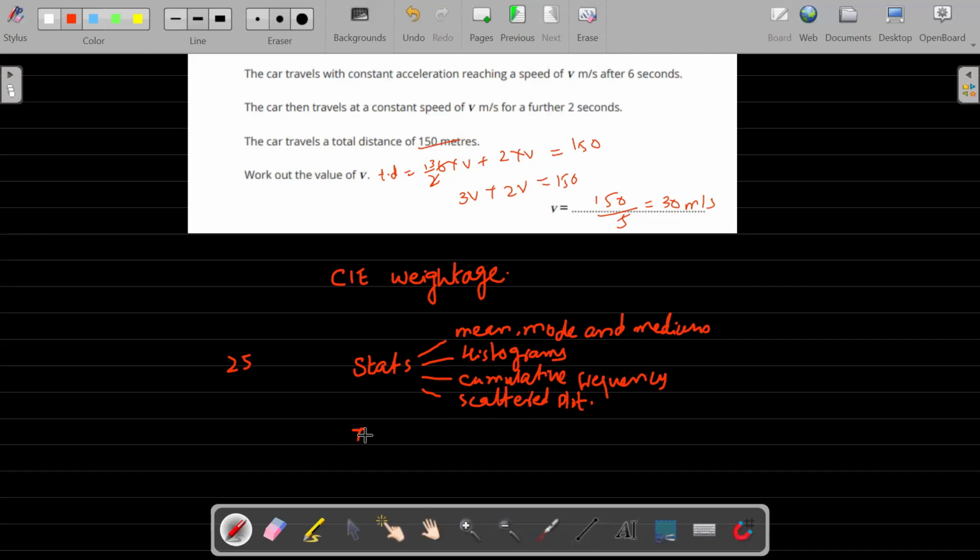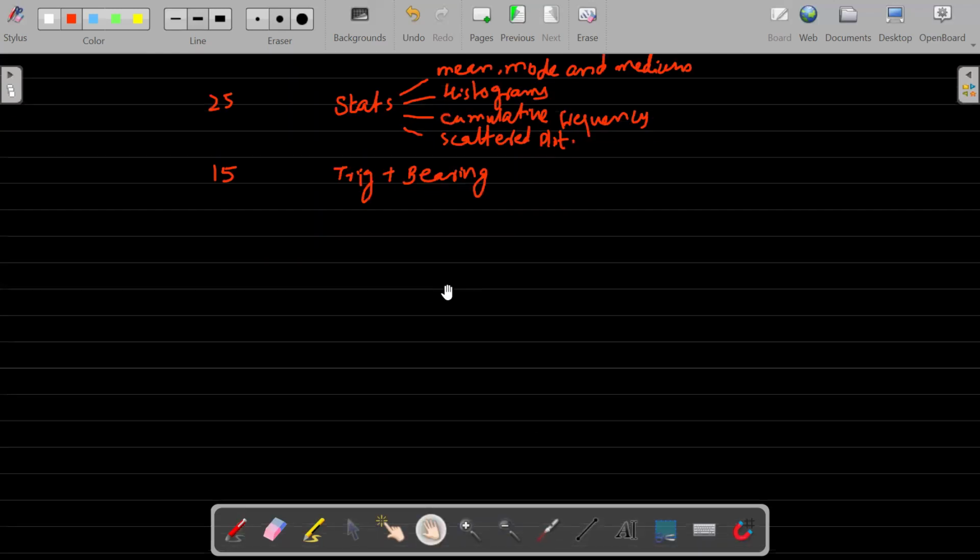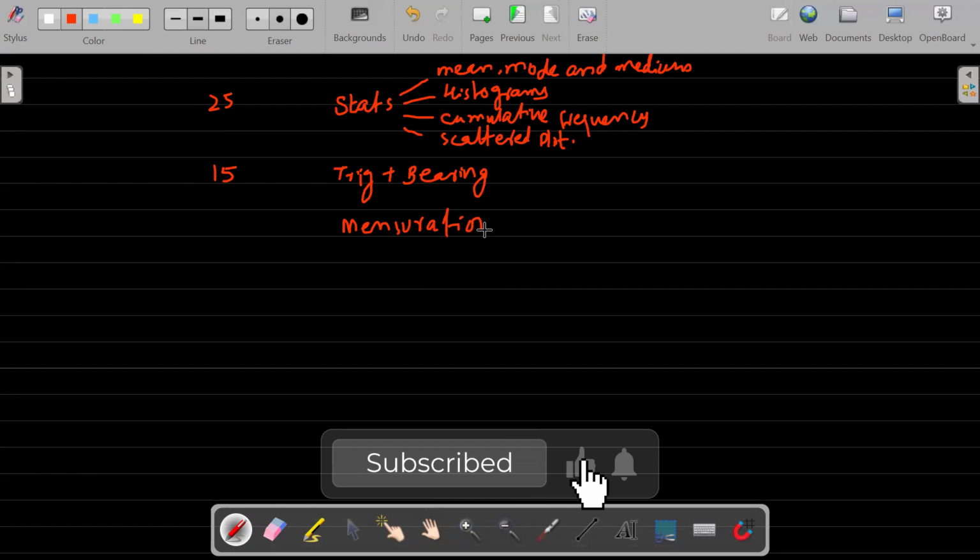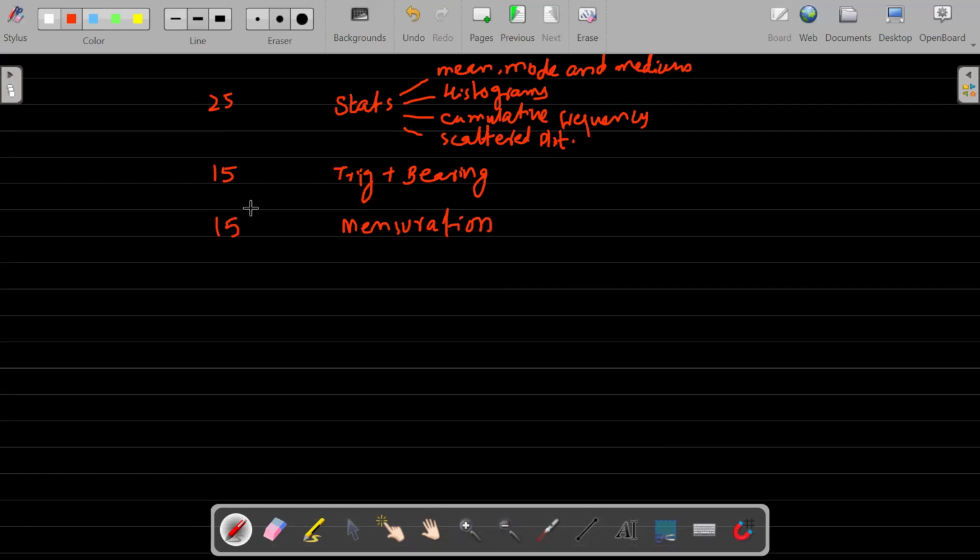Next comes trigonometry and bearing. This contains 15 marks. Clear? Yes, miss. After that, it is mensuration, which also contains 15 marks. I'm talking about both P1 and P2. Then it comes graphical solution, which contains 10 marks.